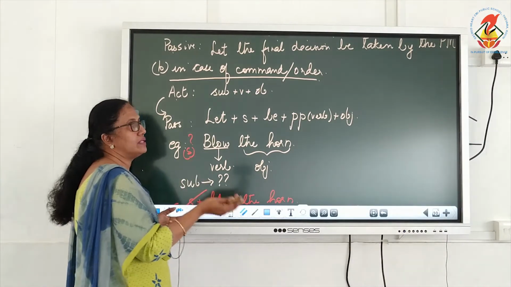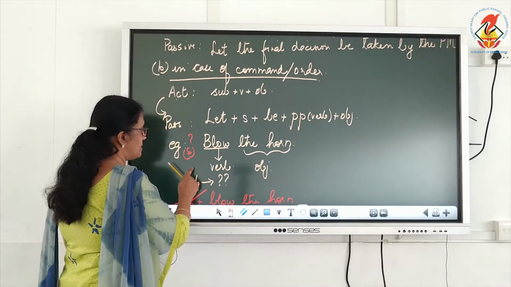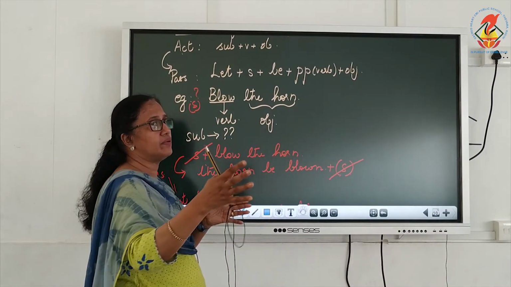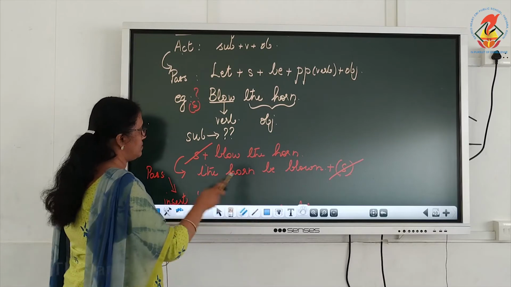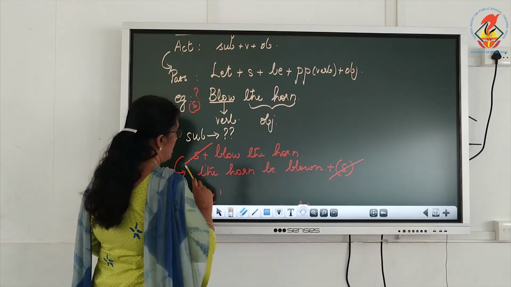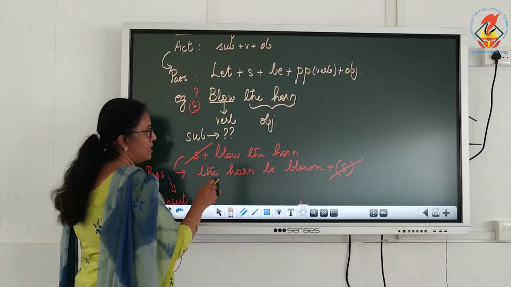When you convert it, the object takes the subject's place and the subject becomes the object in the passive form. What happens is the place reserved to write the object will be empty. That's what I have written here: subject plus blow the horn. The horn is the object.